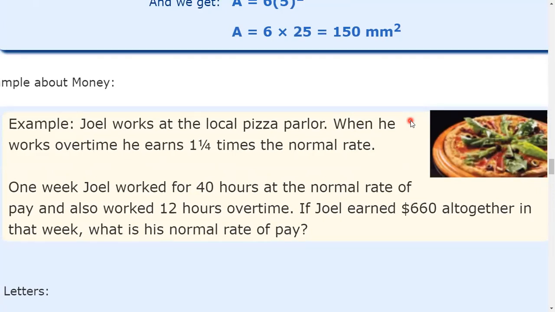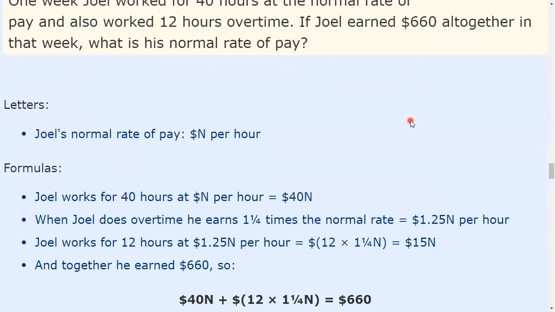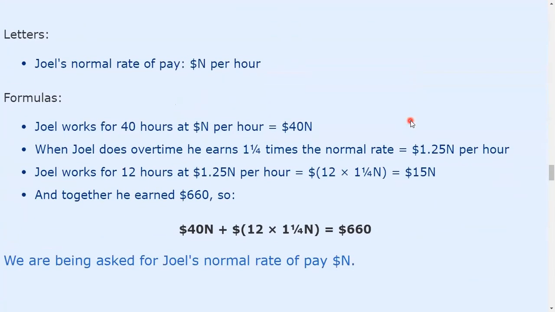So we are looking for his normal rate of pay, the n dollars. For the 40 hours the pay is at the normal rate, and for the overtime the rate is 1 and 1/4 times normal, and the time is 12 hours.